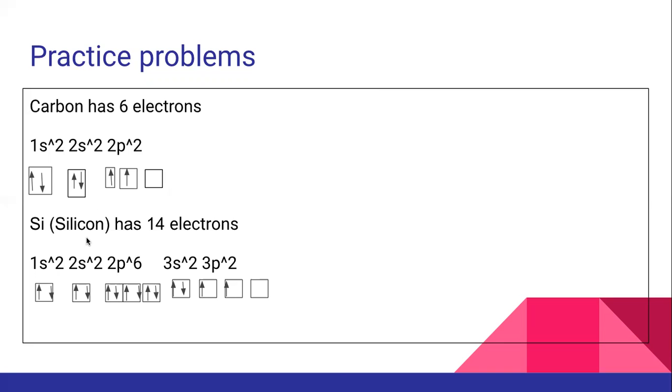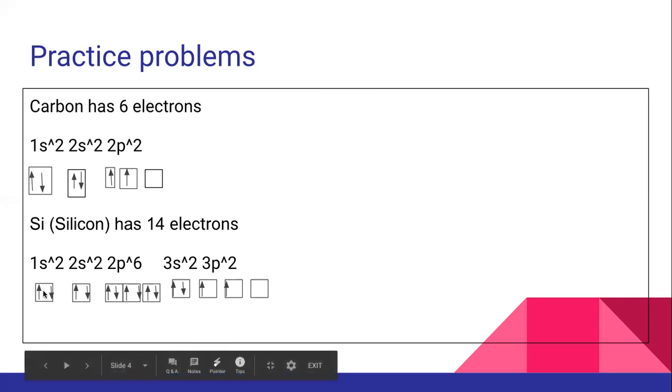And then for silicon, it has 14 electrons. So when you separate the 14, 1s can hold 2, 2s can also hold 2, 2p can now hold all 6 because it's needed, 3s can hold 2, 3p can also hold 6, but you only need 2 in this one. Fill in the arrows on your own.